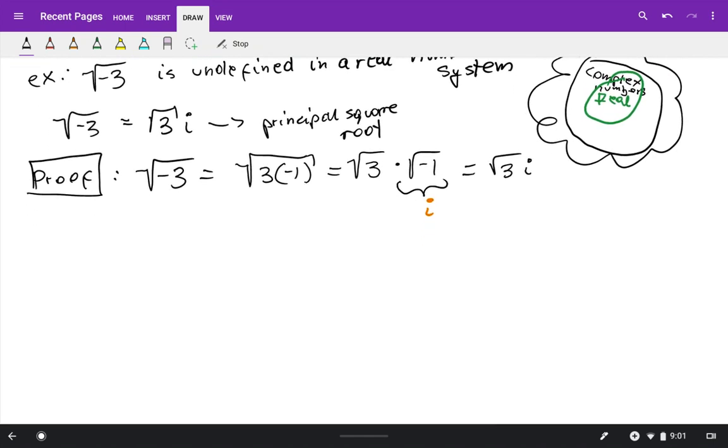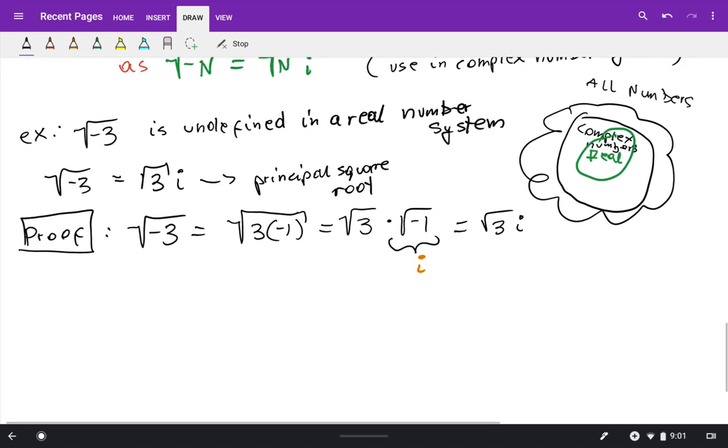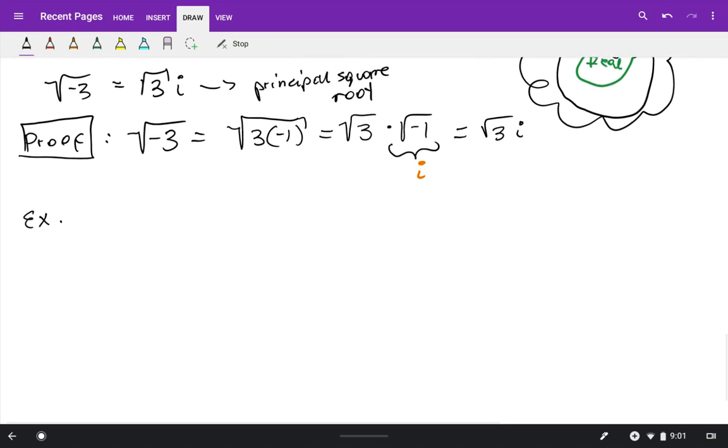Why are we learning that? Because we're going to solve quadratic equations in a complex number system, and we're going to use the principal square root. So, example, we're going to practice solving quadratic equations in the complex number system.